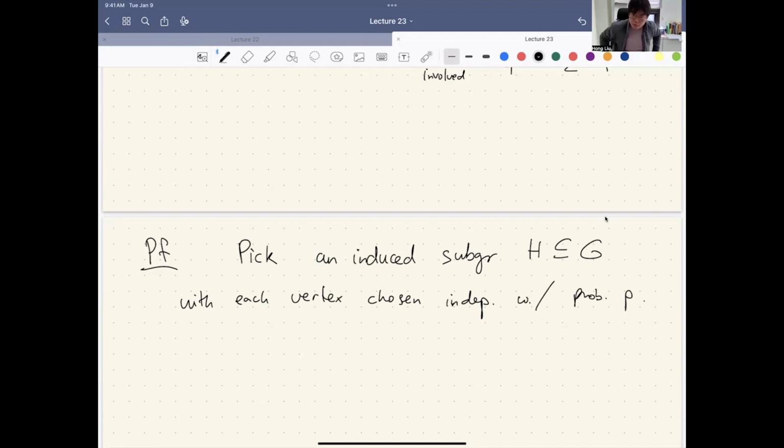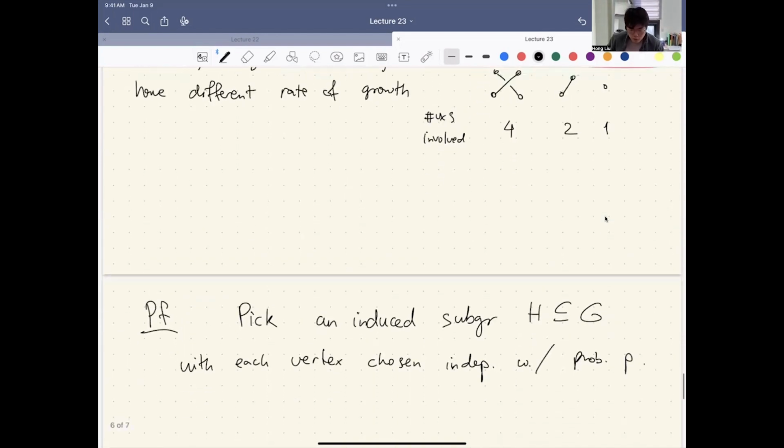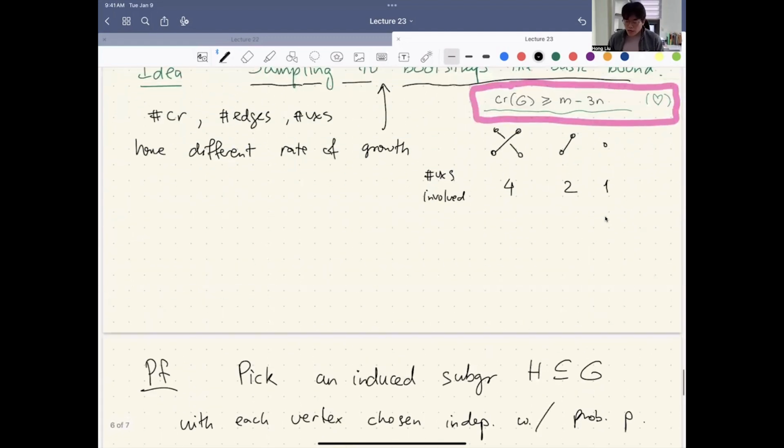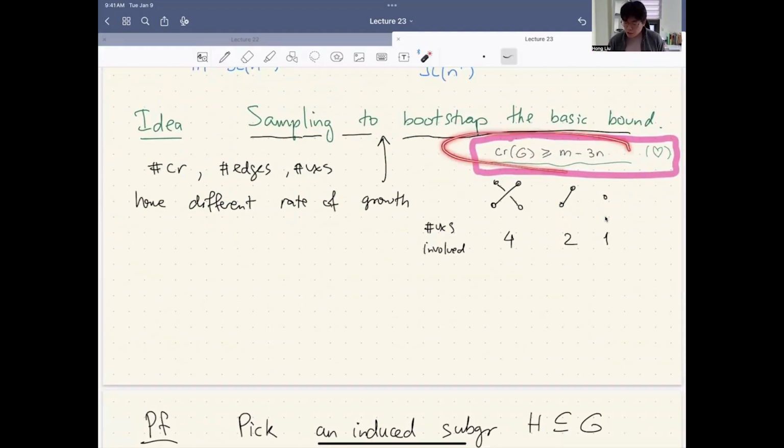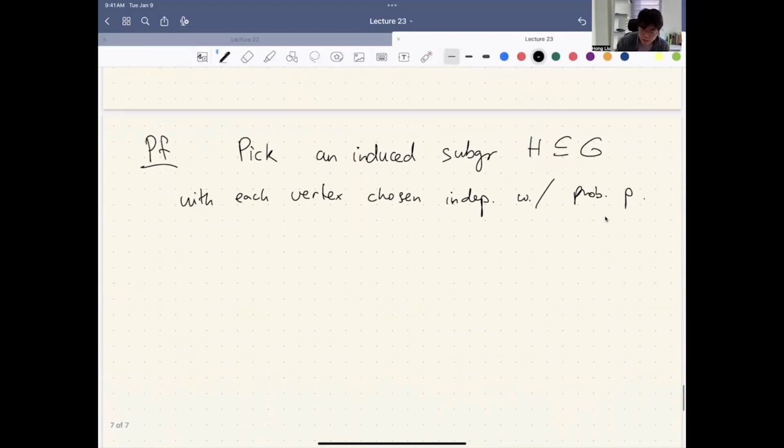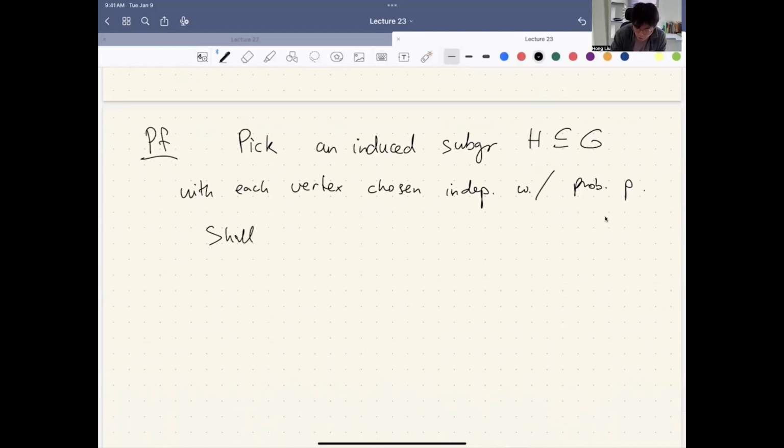So this is a p-random vertex subgraph. Now, we're going to apply this basic bound to H.